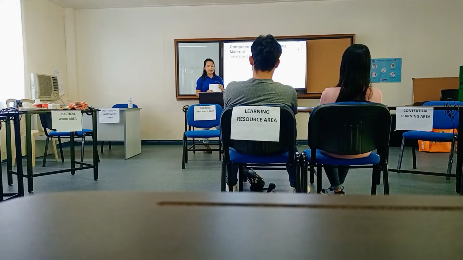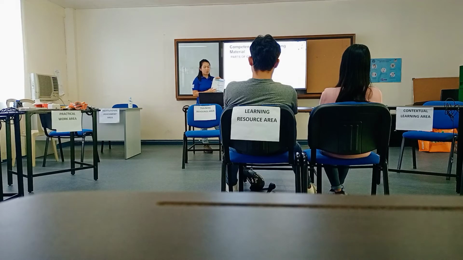So what are the differences among the three? Our task sheet contains guidelines and procedures on how to perform a certain task. The operation sheet also contains guidelines and procedures, but on how to use a machine or equipment.